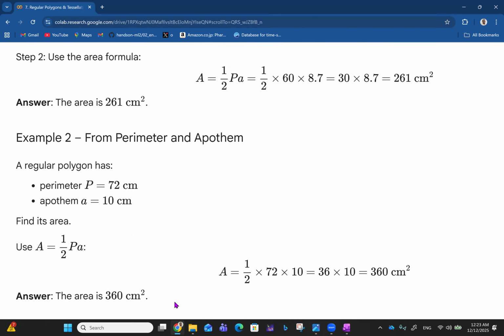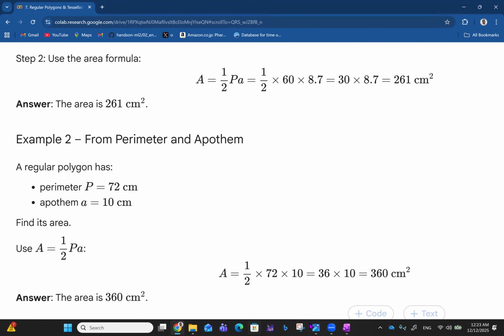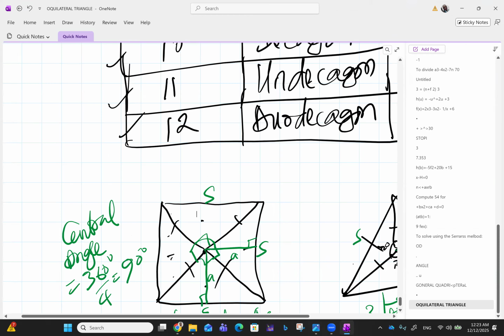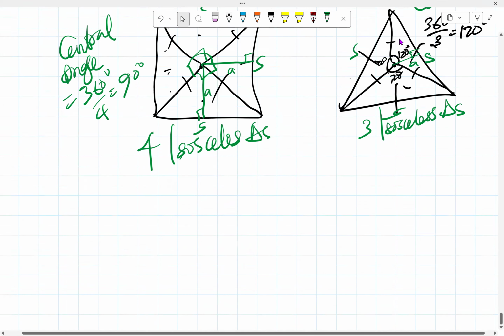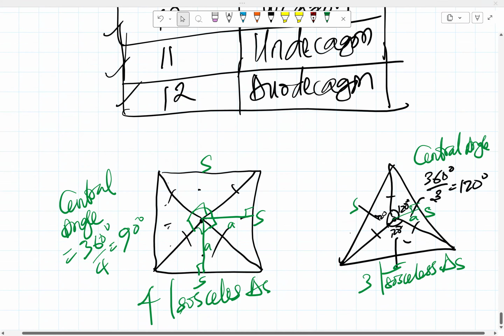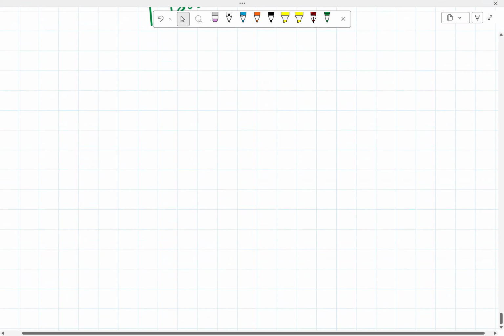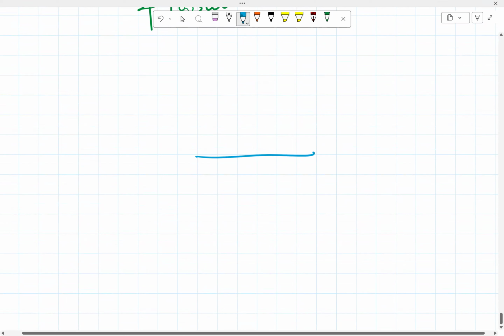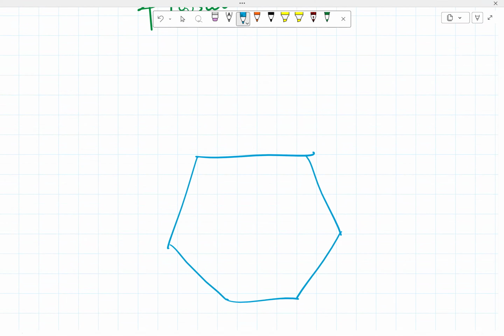Before we go further, let me quickly demonstrate what that is about. We are saying that this is a hexagon, a six-sided figure. So we have this, this, this, this, and this. It's a regular one.